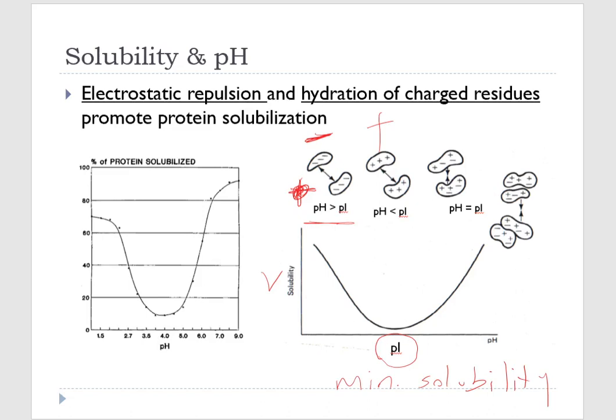So the occurrence of minimum solubility near the isoelectric pH is due to the lack of electrostatic repulsion, which promotes aggregation and precipitation via hydrophobic interactions. Okay, minimum solubility at the isoelectric point.